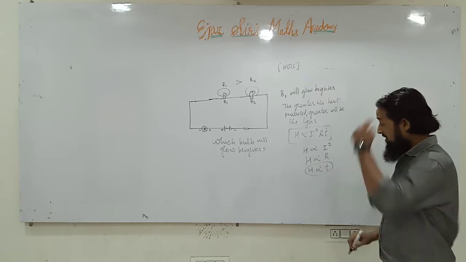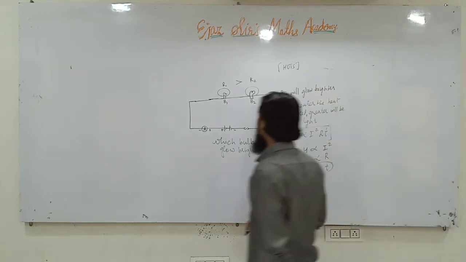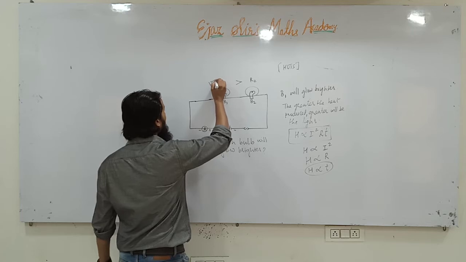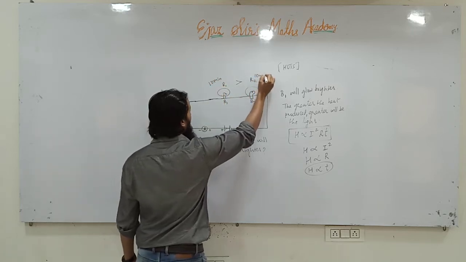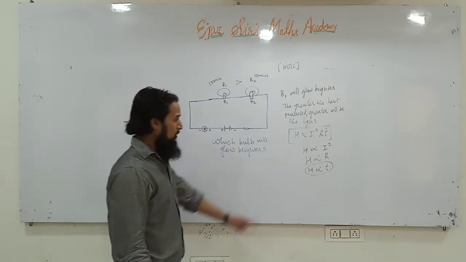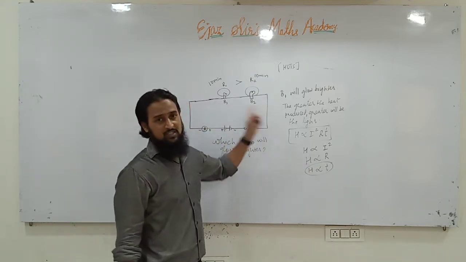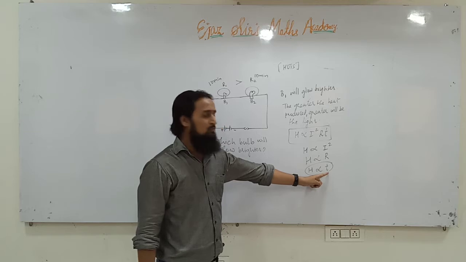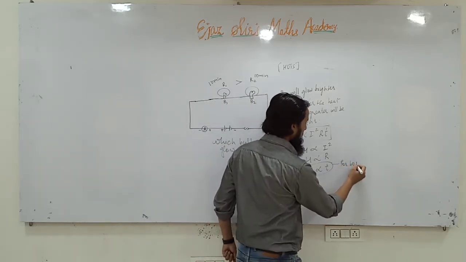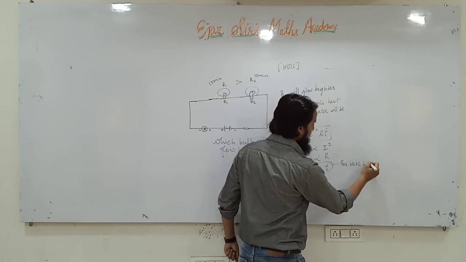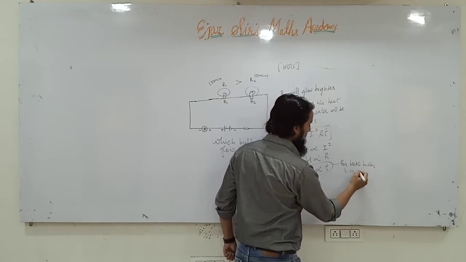this is not valid for us, because if you are flowing current for 10 minutes in bulb 1, the same current will flow for 10 minutes in bulb 2 also. So both are receiving the current for the same time. For both bulbs, T is the same.